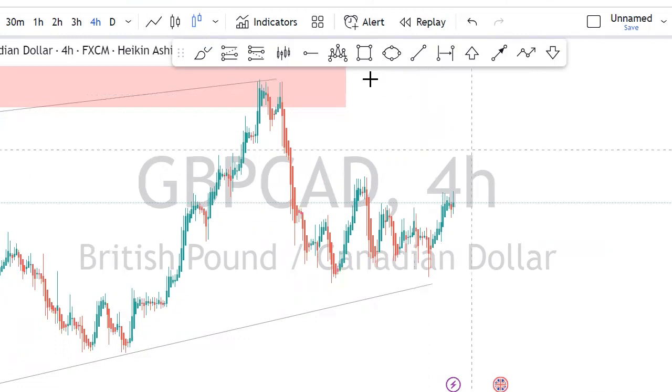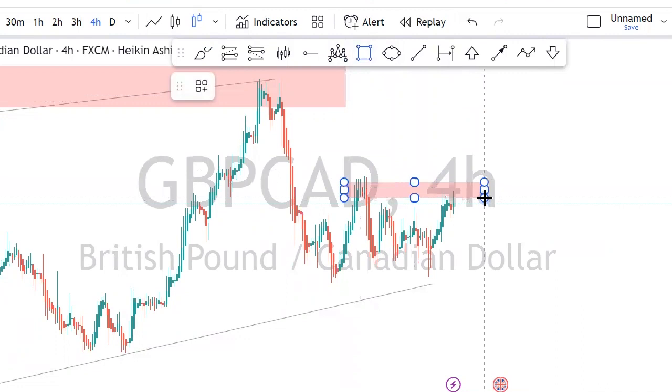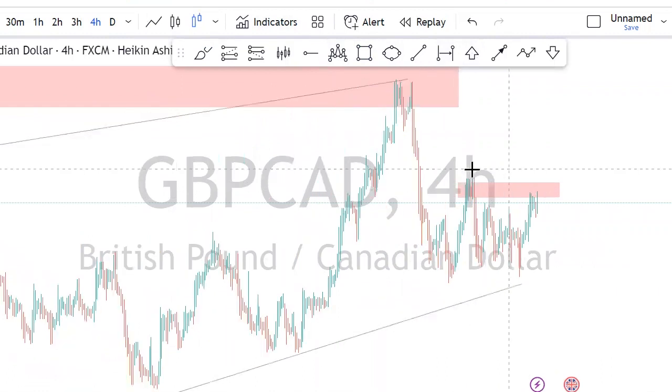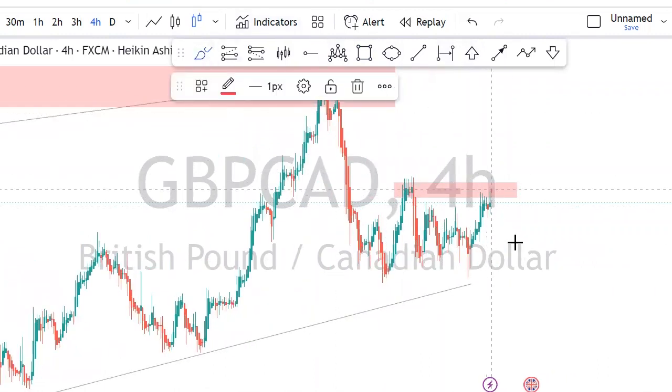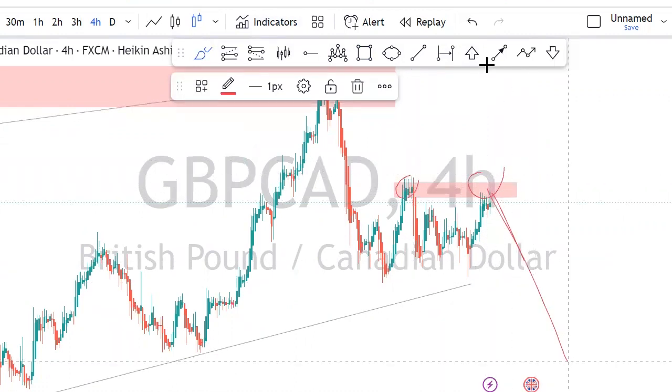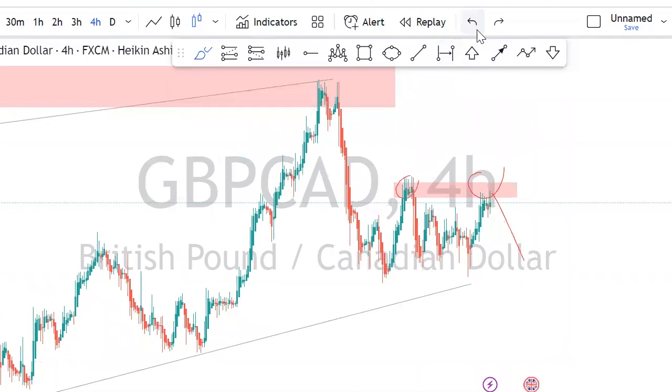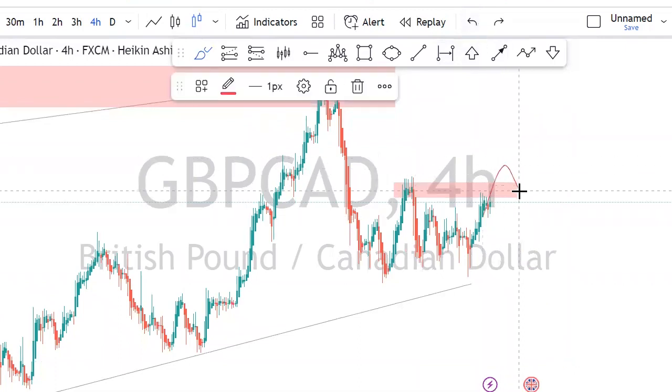Okay, so we have this high right here, which we are currently reaching. So this could end up being a double top like this, and then we just go to the downside, or the price could just break, pull back by retesting and then go back up, right?